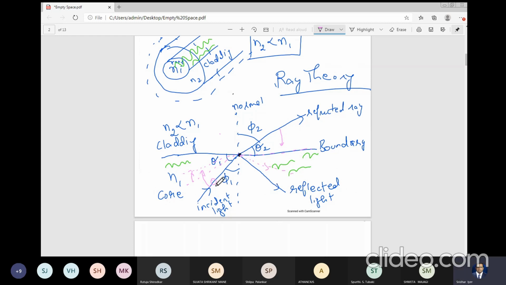So the job that I have to do is to ensure that this incident ray is at such an angle that there is no refraction that takes place. There is only reflection. And if that happens, we call that total internal reflection, TIR. And it is under this condition that an optical fiber is going to operate or work.